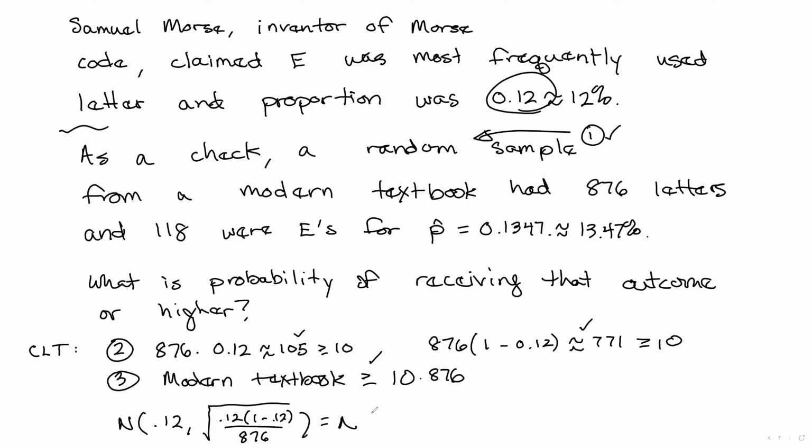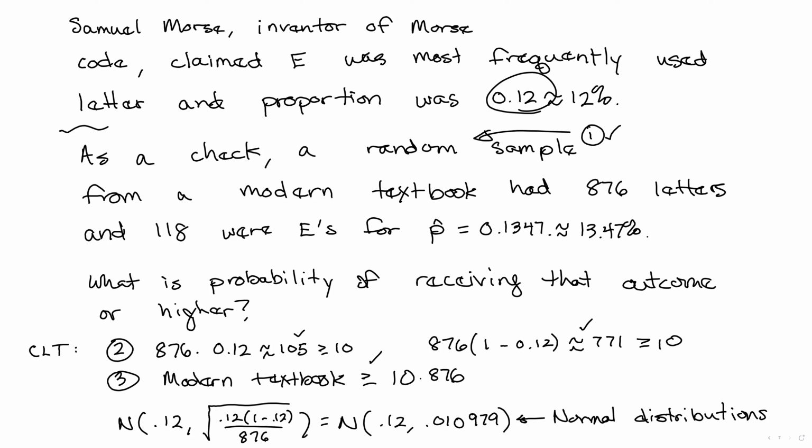So you get a mean of 0.12, and the standard error, I did do the calculation, is 0.010979. This gives us the normal distribution for our expected outcomes from picking random samples of 876 letters from the textbook.